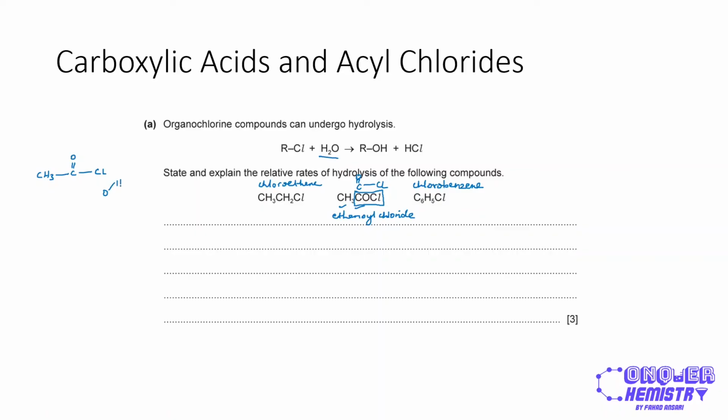The electronegative oxygen atom carries a lone pair that will attack the partial positive carbon in the organochlorine compound. And in this case, because this carbon over here is bonded to 2 electronegative atoms, oxygen as well as chlorine, that are both electron withdrawing, this partial positive charge is pretty high, and so it will attract the nucleophile, which is the water molecule, more easily, right?